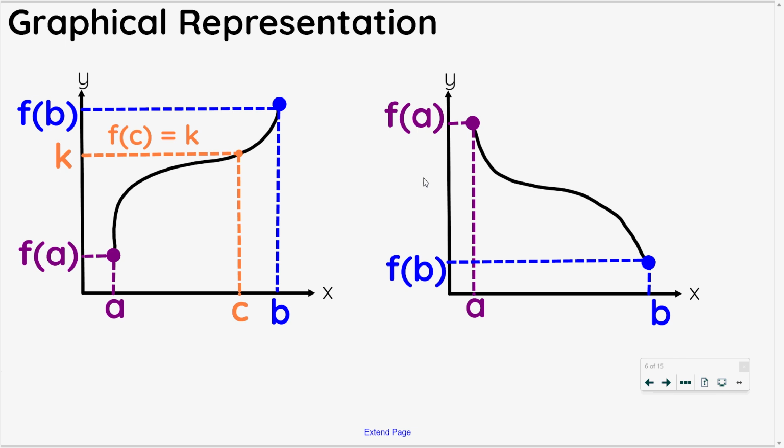Also true. Condition number three, there's some y value k that lies between these two values. Okay, all three conditions are met. So the intermediate value theorem says there is at least one value of c, and that's an x value, such that f(c) is equal to k. In other words, the c value, if I plug it into the function, I'm going to get that y value for k.